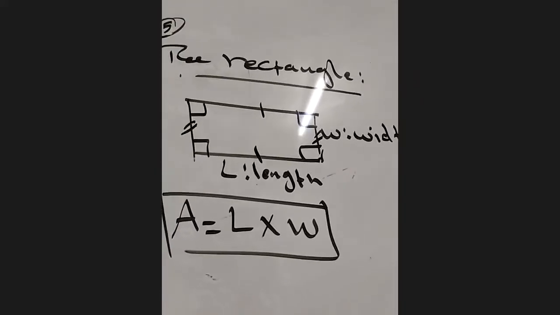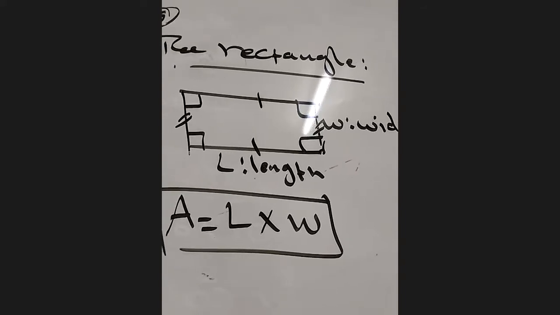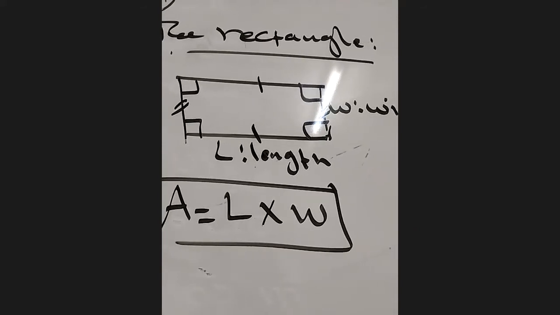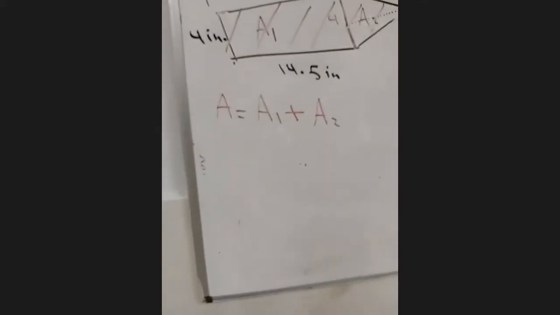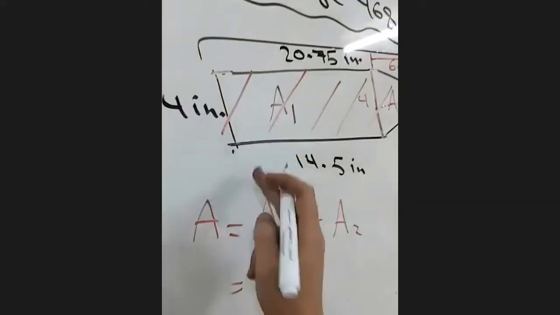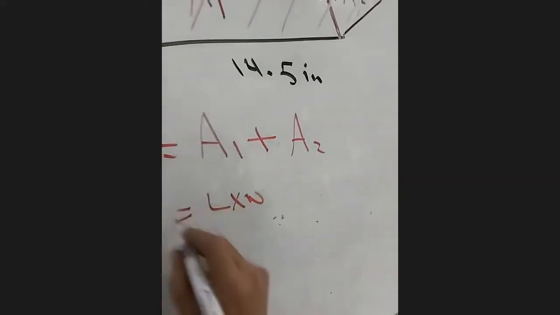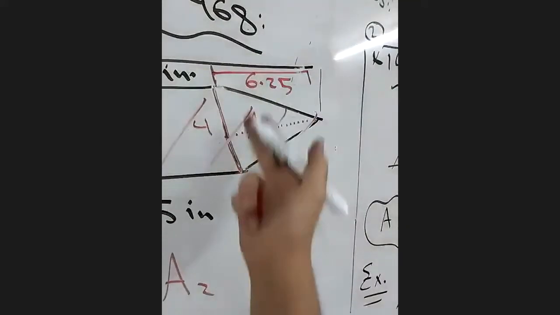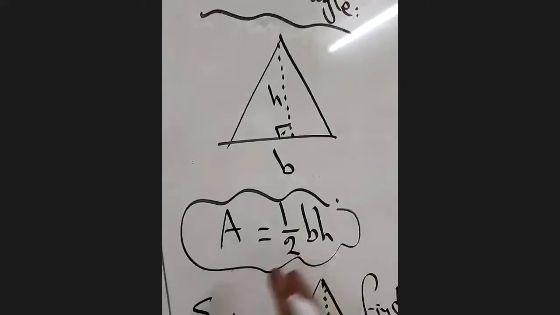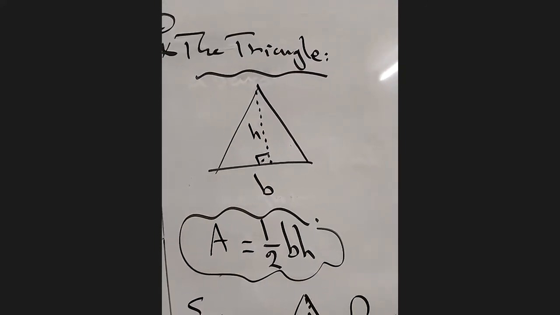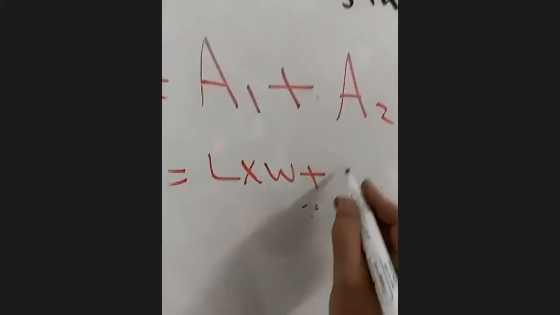Length multiply width. Write the formulas to make it easy for you. Plus A2, what do we have in A2? A triangle. What's the area of the triangle? Half multiply base multiply height. Half BH.